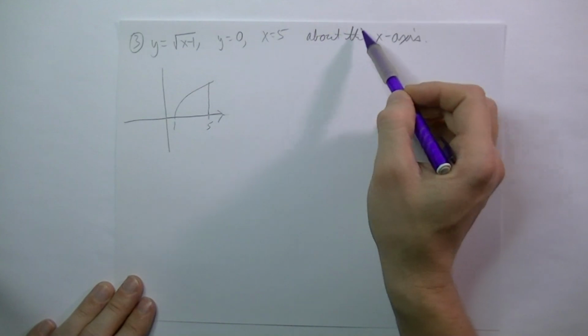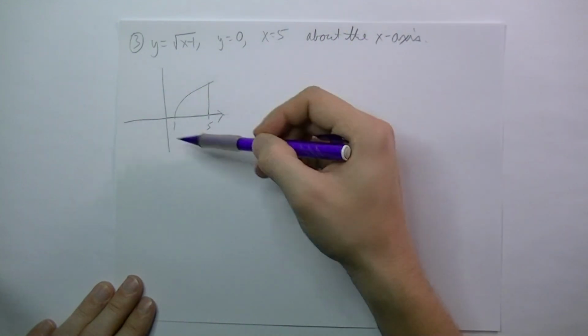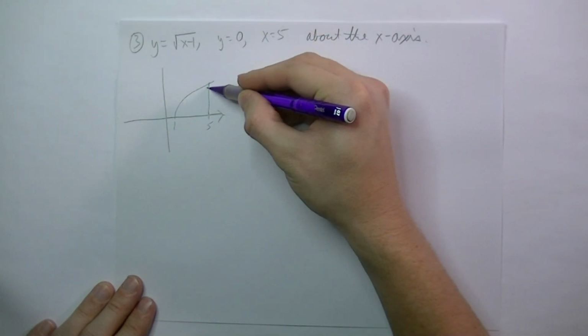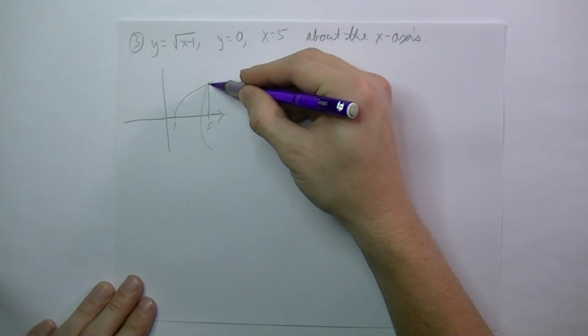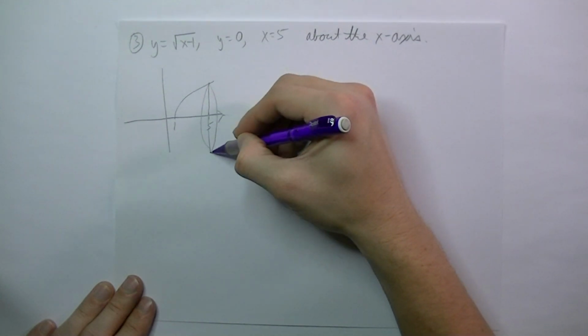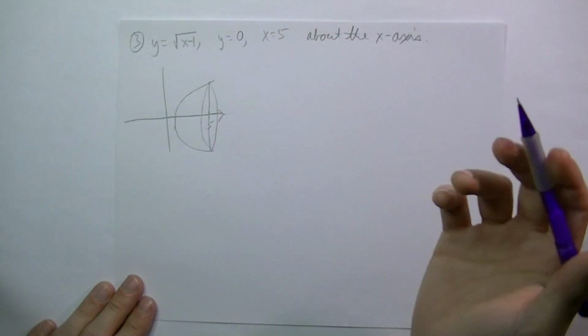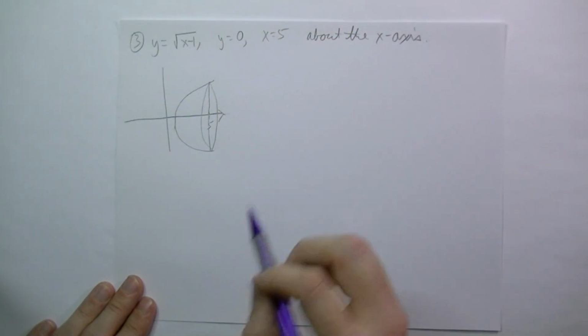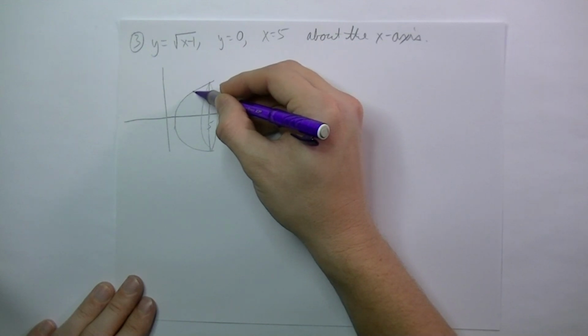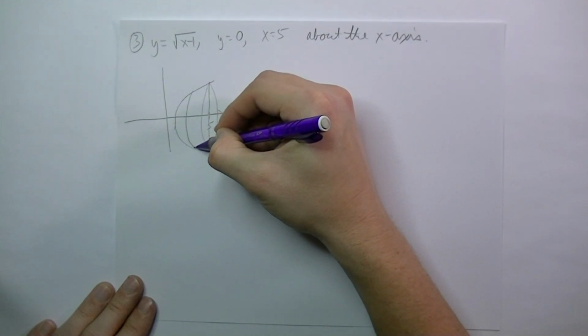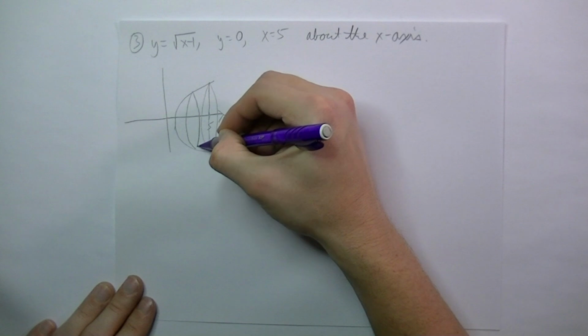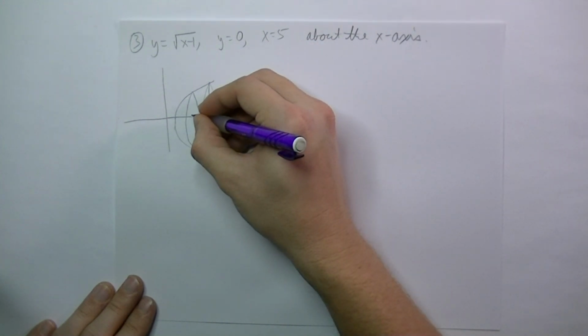Okay, and we're going to be revolving this about the x-axis. So this is coming down here, and this is being revolved. Okay, so one of our typical washers is right here somewhere, and it has a radius.